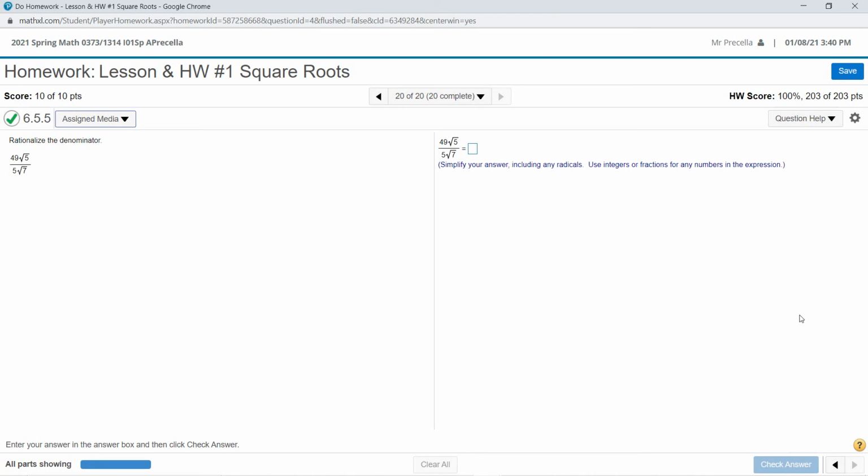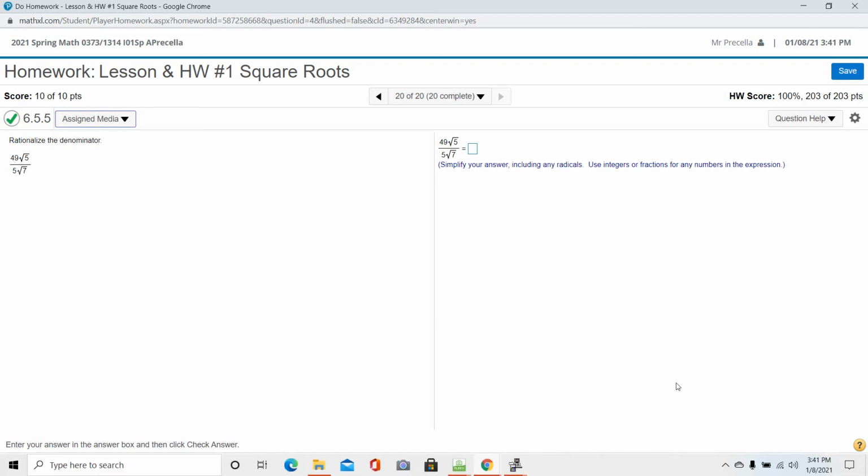Oh, well, it's not changing it very much, is it? Let me write this one. Here's another number 20. 49 square root of 5 over 5 square root of 7. Well, it's similar.